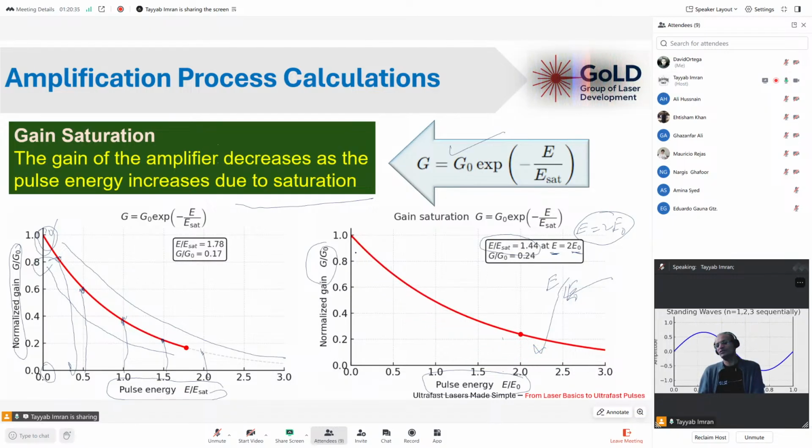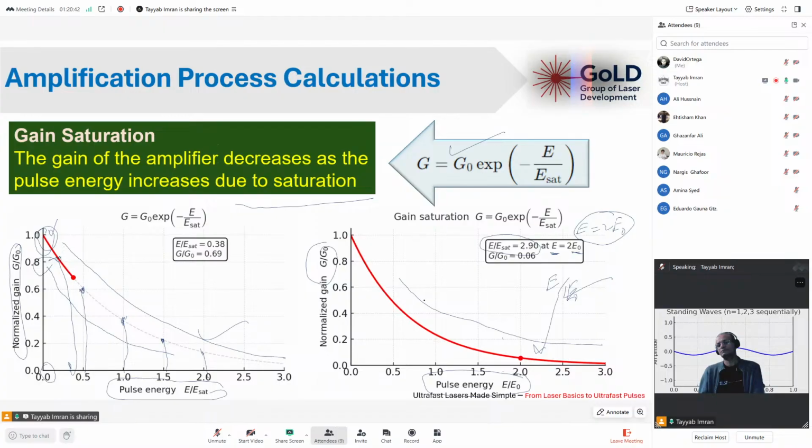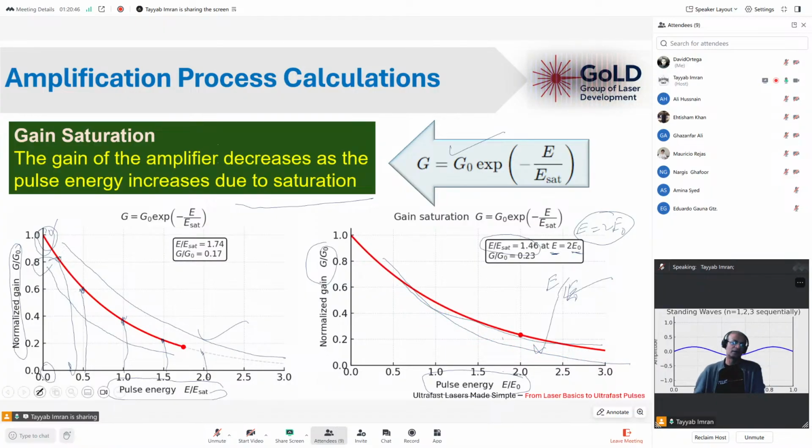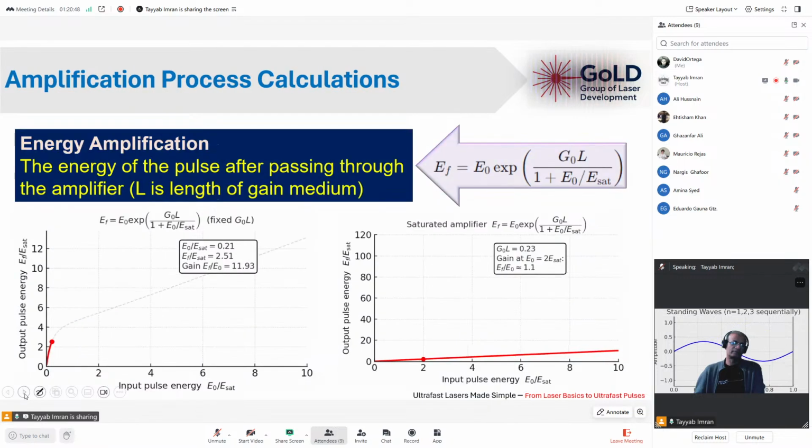With the change of this one, the curve changes somehow, but the pattern is the same. I hope you can understand this.